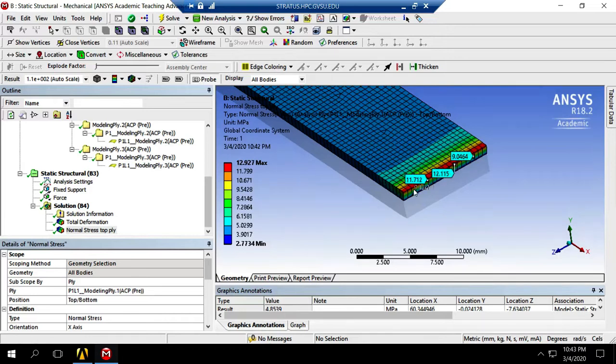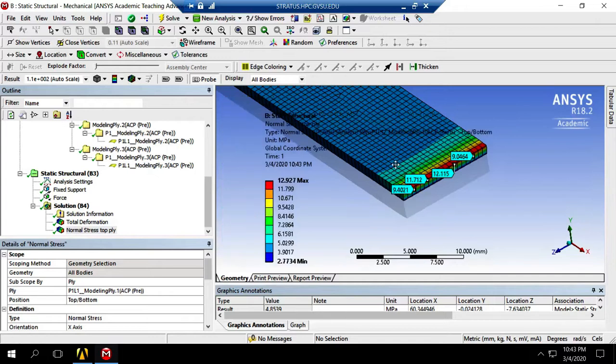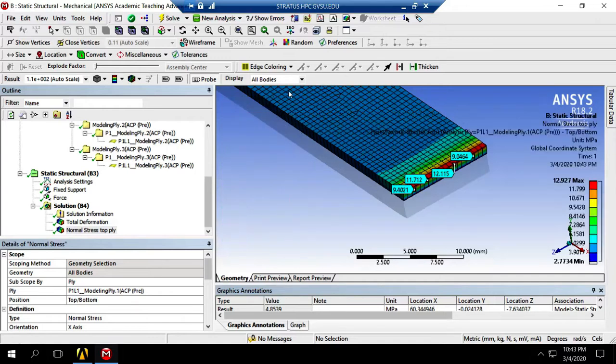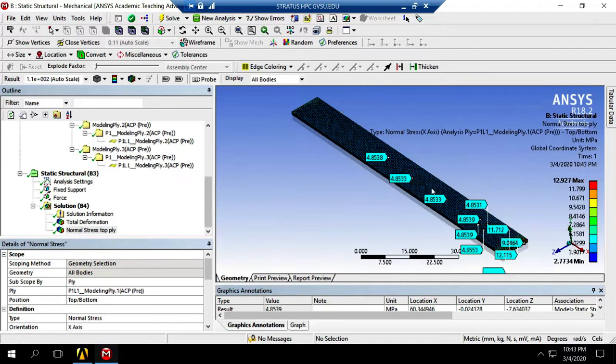This face is close to 10 megapascal because this is the point of action of my load. But as you got farther, you saw the stress becomes 4.8 megapascal. Alright, so this is what my top layer is carrying.